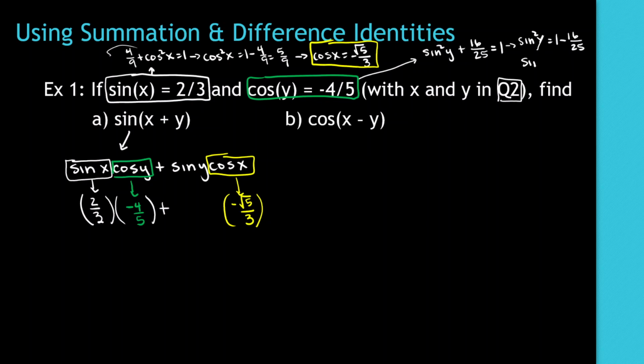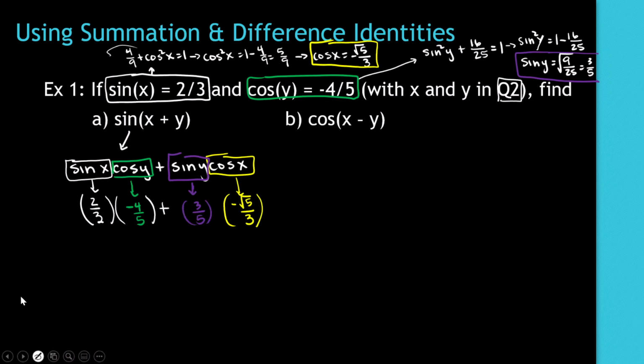So I'll get sine of y equals the square root of 9/25, which is 3/5. Okay, now this is also a plus or a minus, but in quadrant 2, sine is positive. So I only need the positive of it. And so now let's put that in. And we know that sine of y is 3/5. So I'm going to come right here and replace sine of y with 3/5.